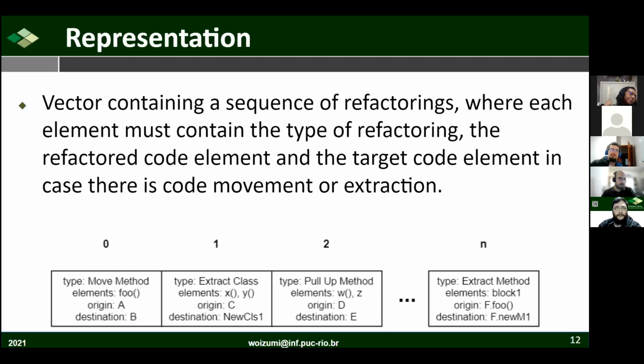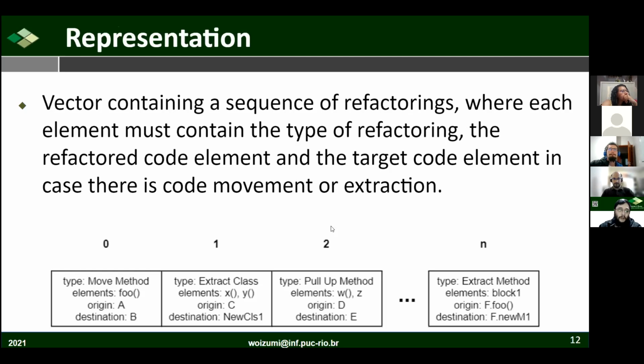Now I will present some details of the technique. It's still under development, but I will present what we have developed so far. Let's start with the representation of the optimization problem. In this implementation, we are using a vector containing a sequence of refactorings, where each element in the sequence will contain a type of refactoring and the elements involved in this refactoring.